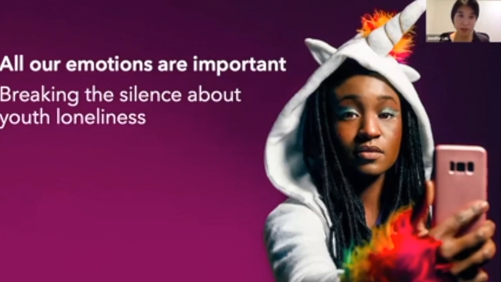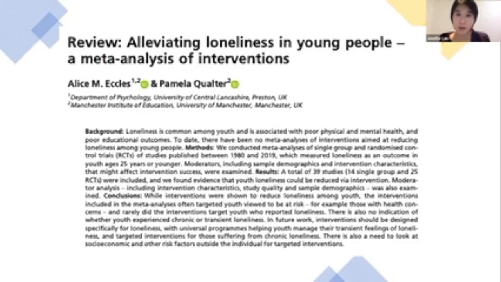Also, young people say that loneliness is still very much stigmatized and that there is an invisible wall to talking about loneliness. So by measuring it more, you're opening a dialogue about it. And of course, we want to be able to drive interventions forward for loneliness for young people, of which there are fewer compared to older adults.